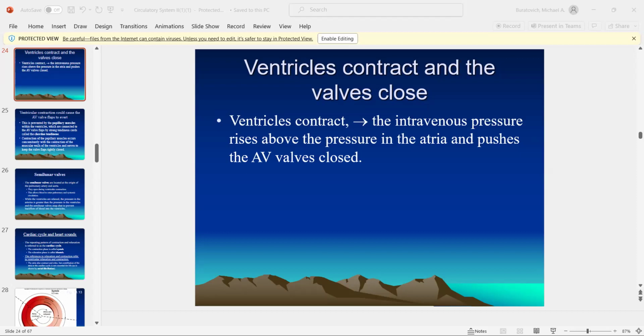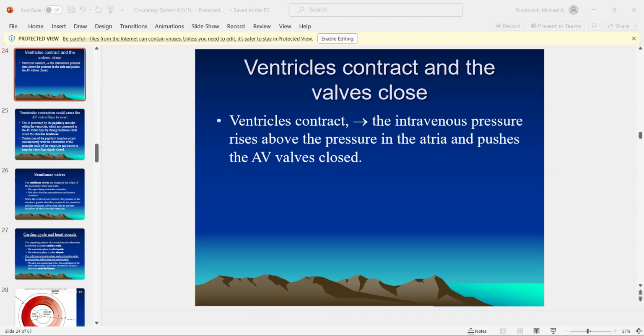Eventually, the voltage-gated calcium channels will close. You get proper repolarization of the cell, and now the cell is at rest yet again. So sodium, not calcium, will be responsible for the initial depolarization.